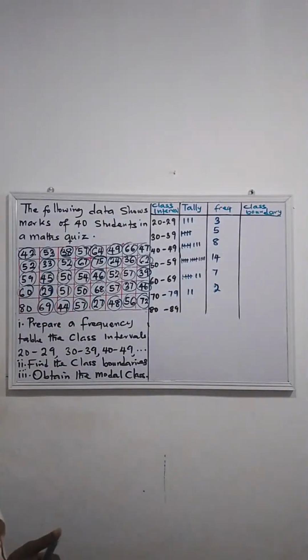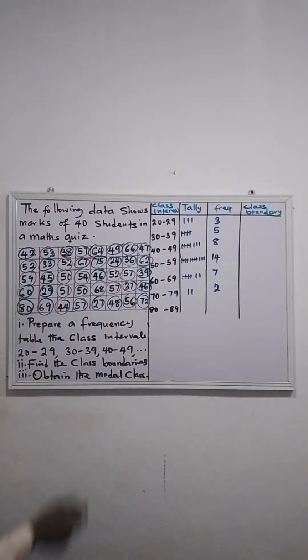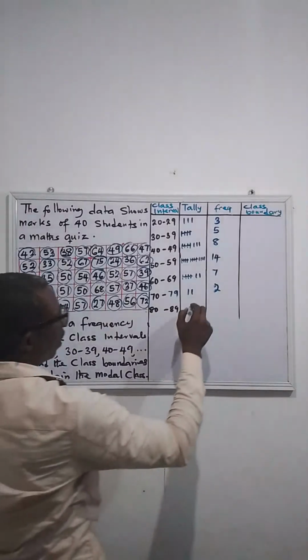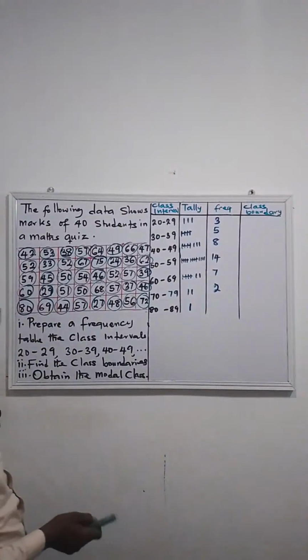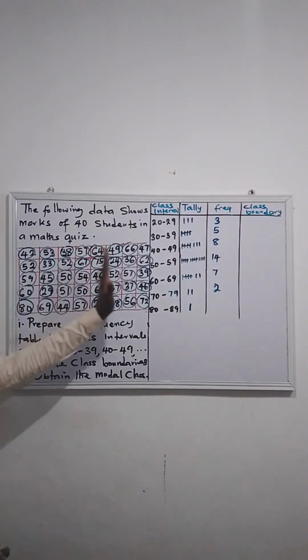And the last one is 80 to 89. So we only have 1. Okay, so we are done with it. Obviously you can see that we've circled everything.